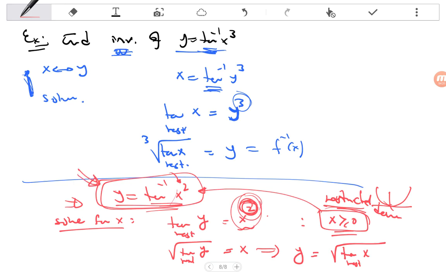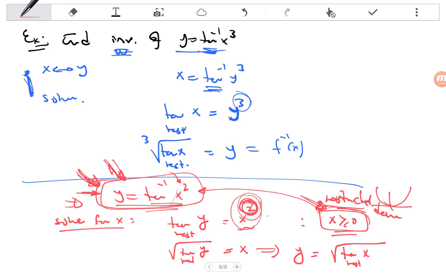But by itself, if I didn't mention to you to find a suitable restricted domain, this function is not invertible. This function is not one-to-one. It is obvious that I needed to make some restriction. Whenever I must put a restricted domain to find an inverse, that function is not one-to-one and doesn't naturally have an inverse.